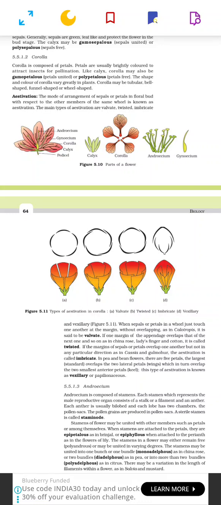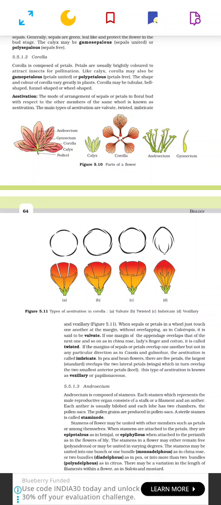In pea and bean flowers, or we can say in the Leguminosae family, there are 5 petals. The largest is called the standard, which overlaps the 2 lateral petals, that is the wings, which in turn overlap the 2 smallest anterior petals called the keel or carina.